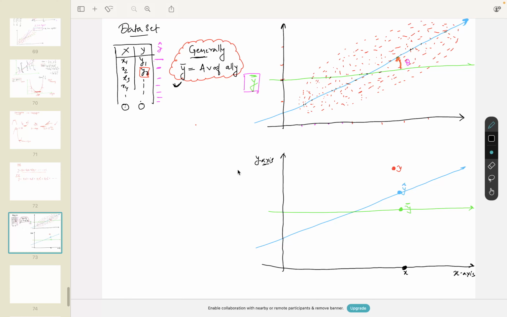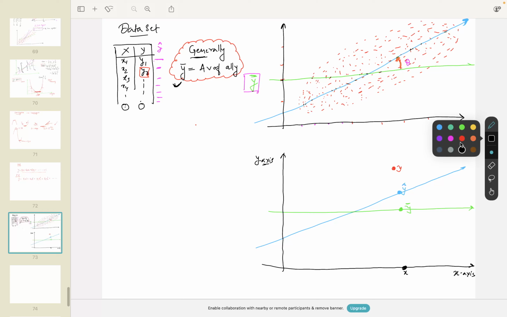Now for this particular x, this was the actual value, but our machine learning algorithm, linear regression in this case, predicted this y cap. By average, this was the r1, right?